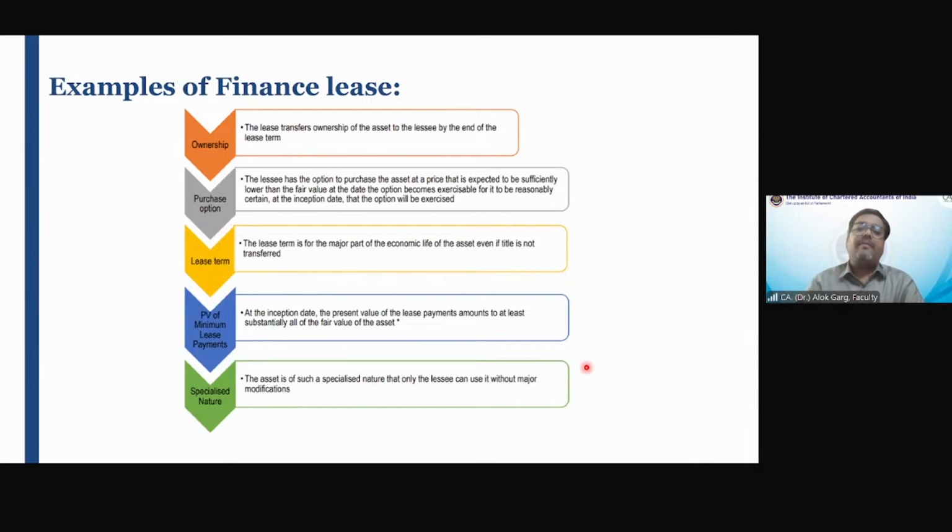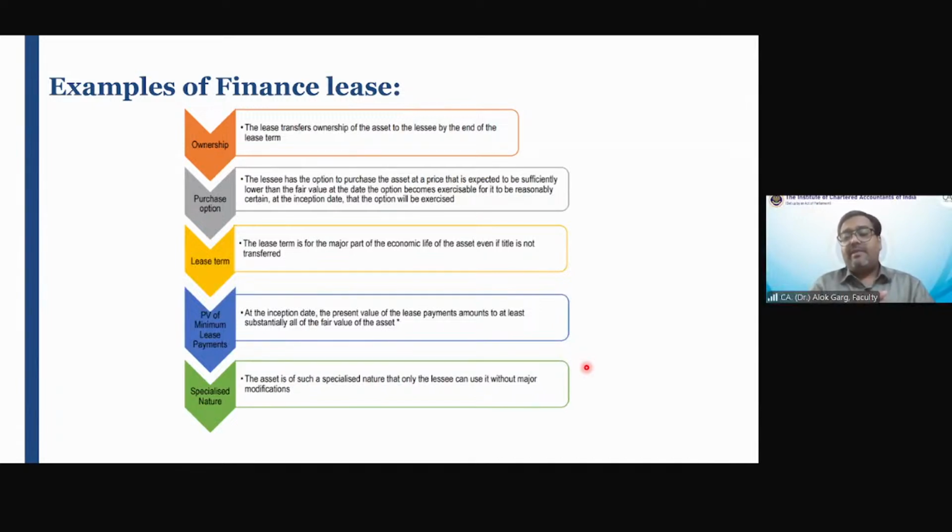So friends, from the lessor perspective, the concept of operating lease and finance lease still exists, right? From the lessee perspective, there is no concept of operating lease and finance lease under Ind AS 116. And why the concept of finance lease and operating lease exists from the perspective of lessor?